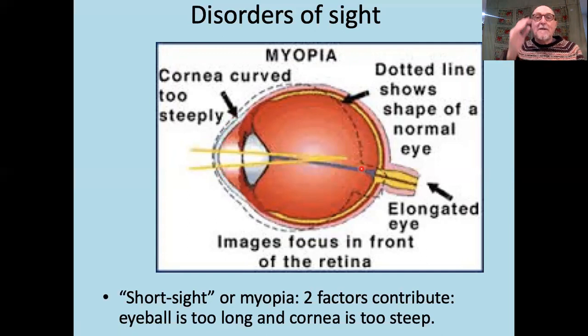Now, I should tell you, there are increasing numbers of cases of myopia, especially in children. And it's something of a mystery as to why this should be. There are several suggestions. And one of them, a strange idea, is that there seems to be a correlation between the amount of light that children sleep with and the condition of myopia.